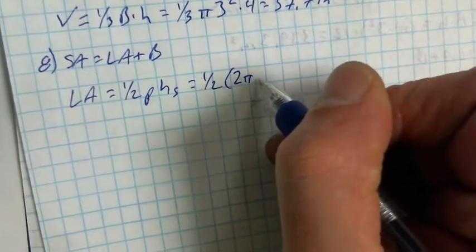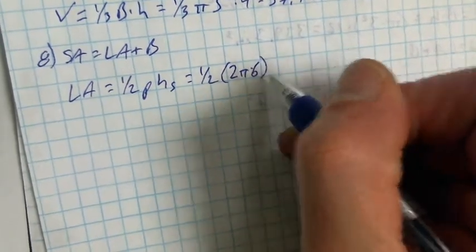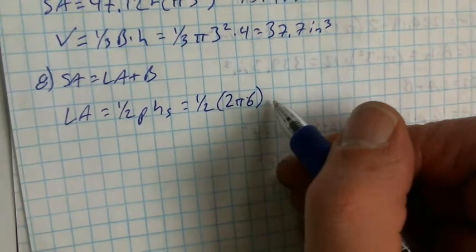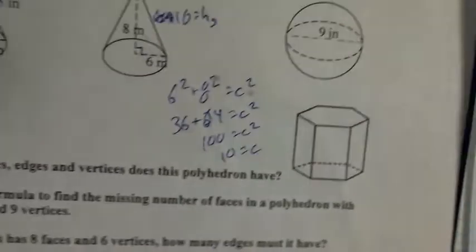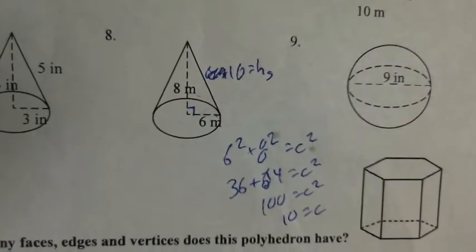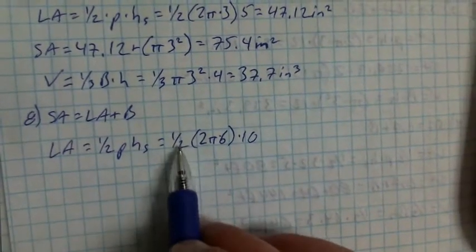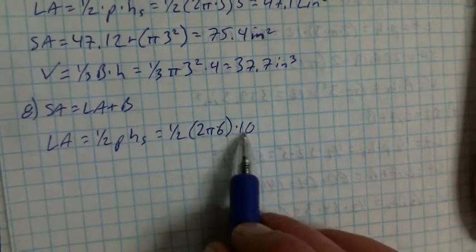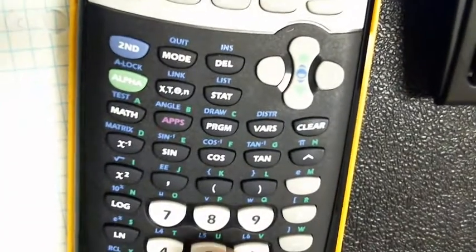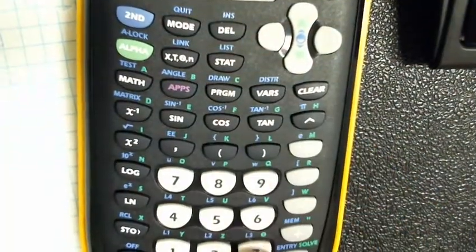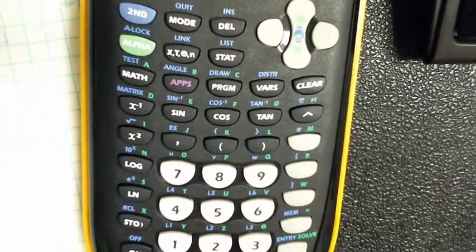Circumference is 2 pi r, and our slant height, we discovered a moment ago, was 10. So that's 1/2 perimeter, which is 2 pi r, times slant height, which is 10: 1/2 times 2 pi r times 10.